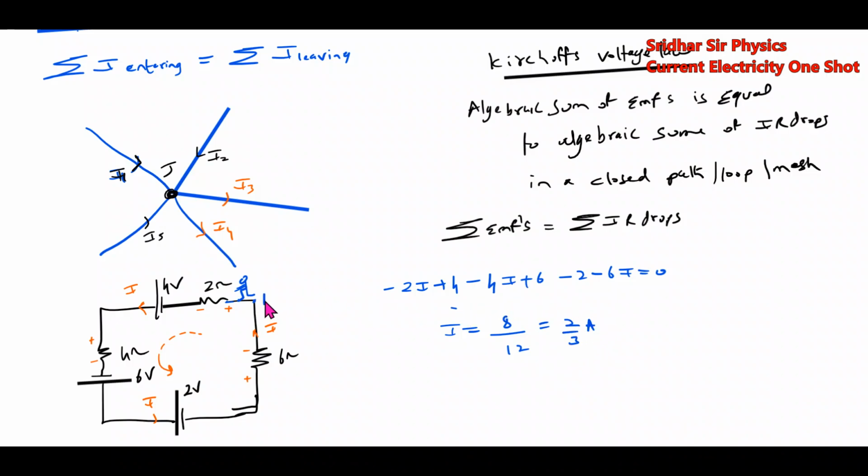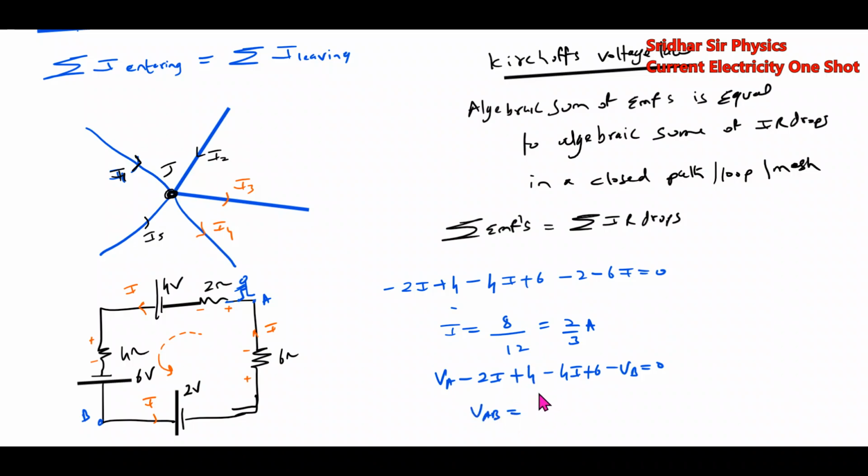And you can find the potential drop also. If you want to find the potential difference VAB, you can use this method. VA, where you begin, should be positive. VA minus 2I plus 4 minus 4I plus 6 minus VB equal to 0.